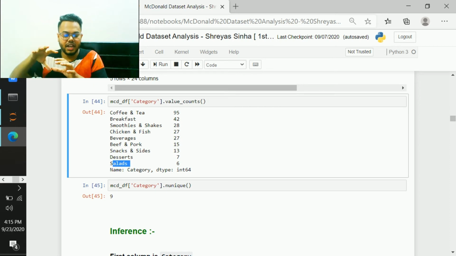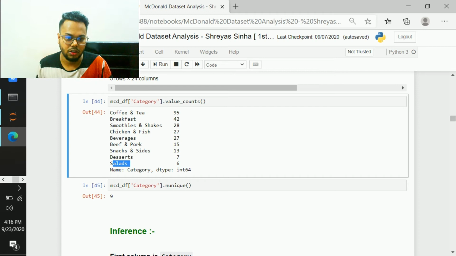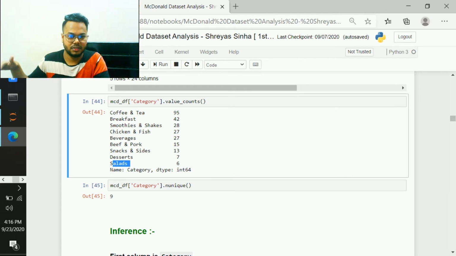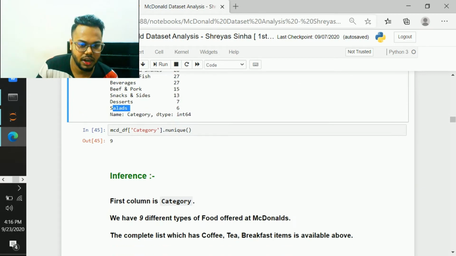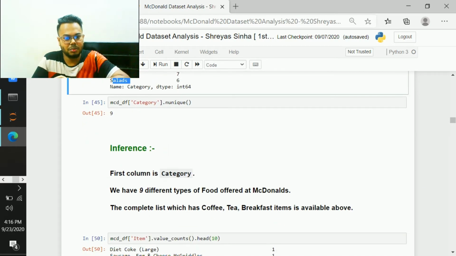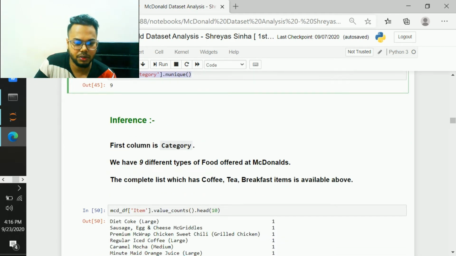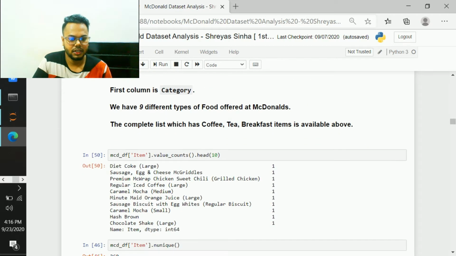There are like 95 food items in McDonald's that are available within the coffee and tea category, right? So we just wanted to assess that. So in total there are about 9 categories, which are just present above. There is an inference of all of that, right?